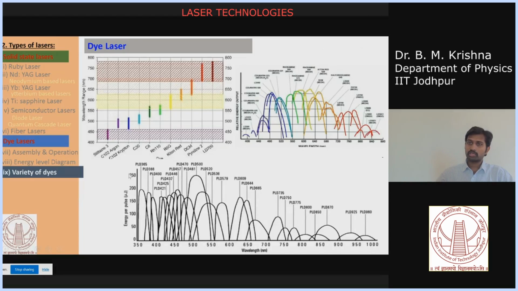You can see the energies that can be achieved using these dye lasers go up to around 250 microjoules. Generally the first femtosecond laser was generated using dye laser systems. Later on Ti:sapphire came into the picture, but previously the first femtosecond laser was designed using dye lasers.